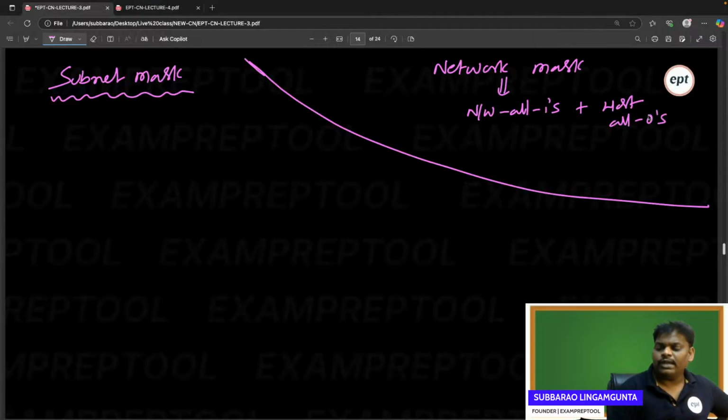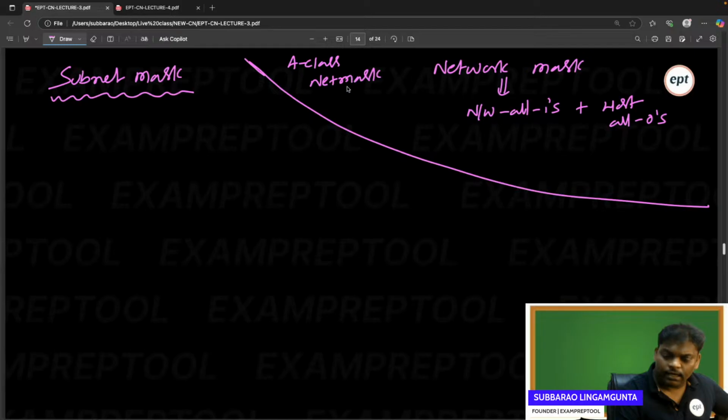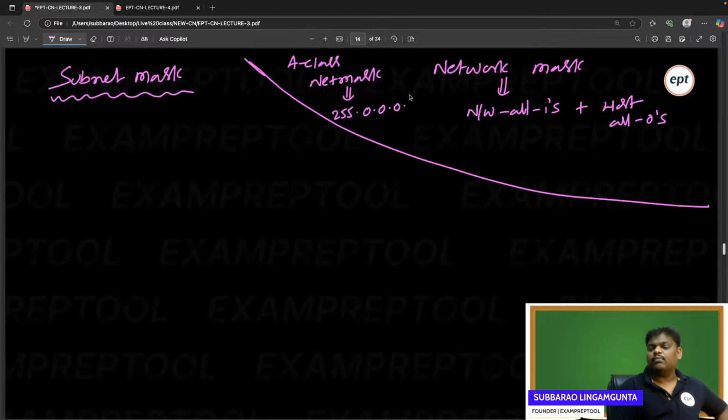This is the meaning of net mask. I gave some examples also. A class net mask: network part all ones, 255, host part all zeros.